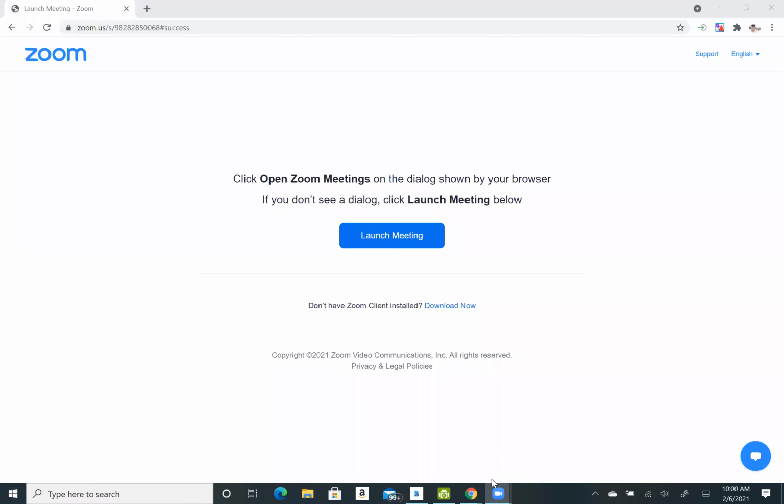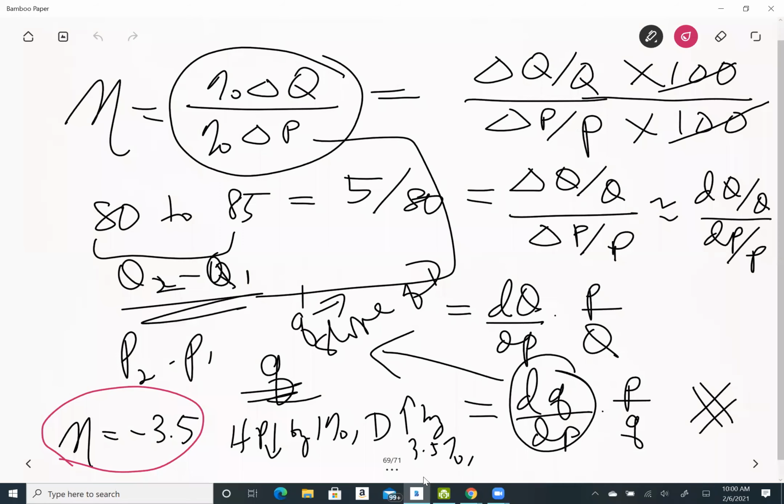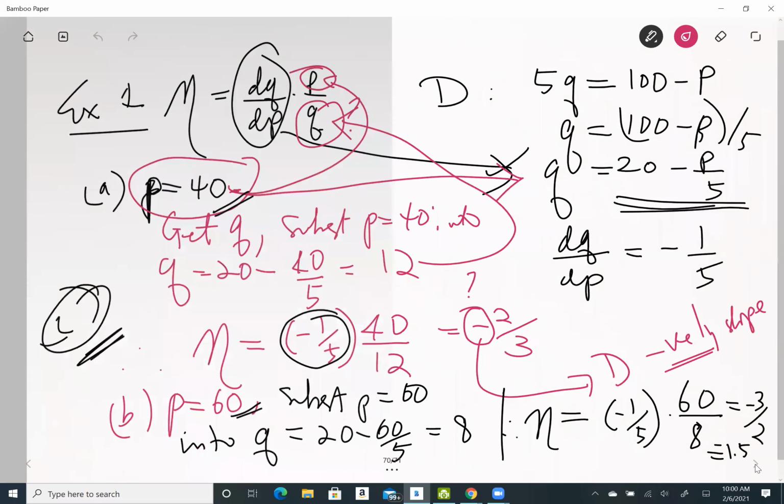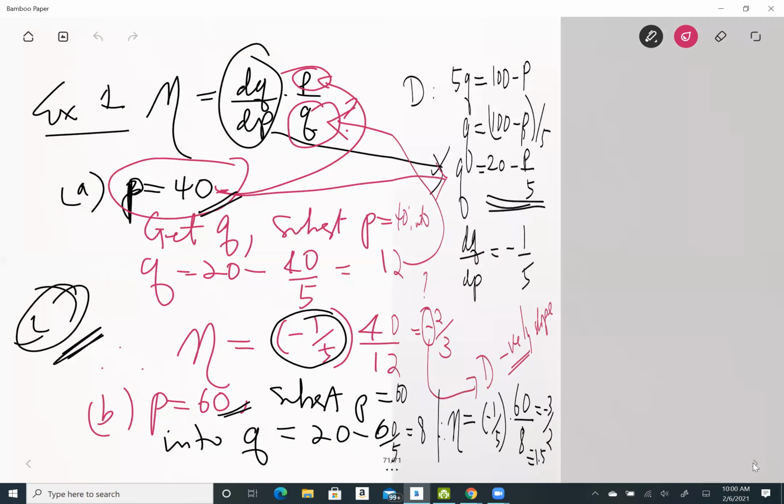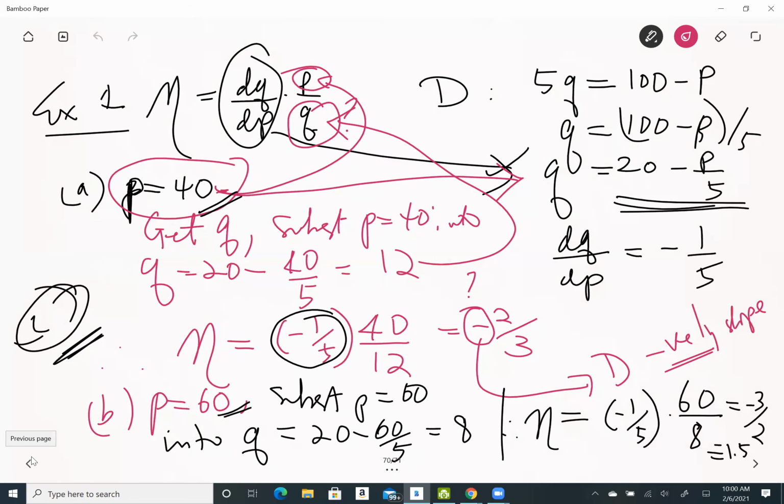If you recall, we were doing this last class. We were talking about the elasticity, and we did a few examples. I think we stopped where we compute the value of the elasticity at a given price.